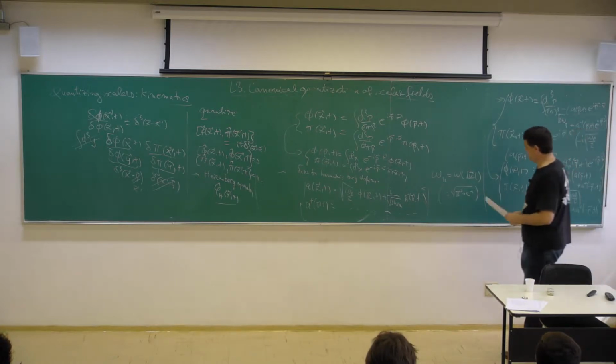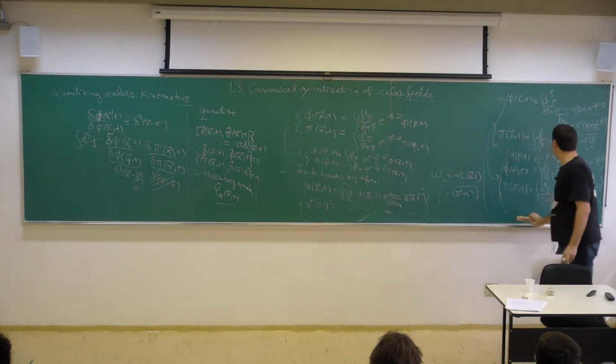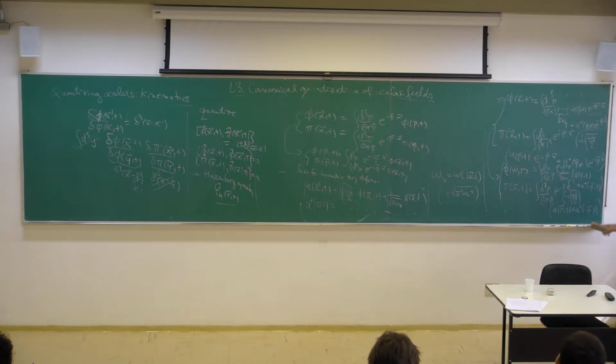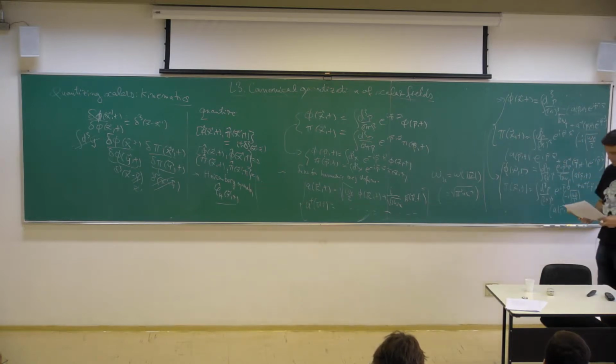Okay. And now, this is really just following up what we did for the harmonic oscillator with some integrals over p, so with a Fourier transform, but otherwise I just followed the harmonic oscillator.